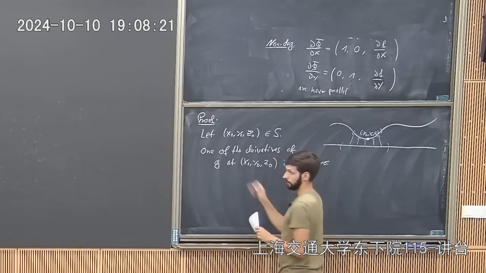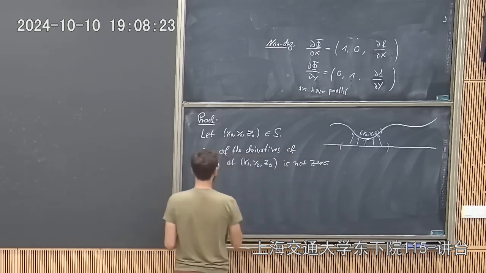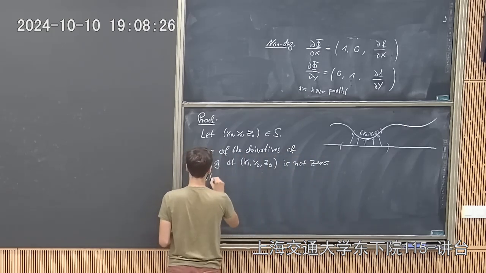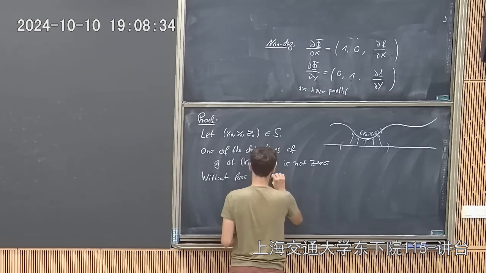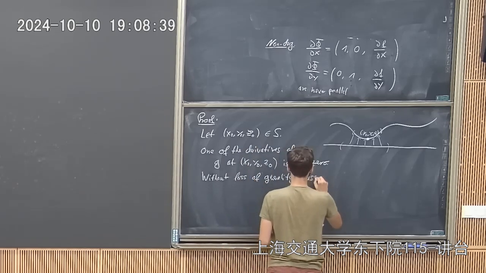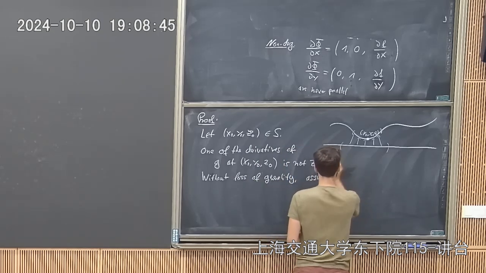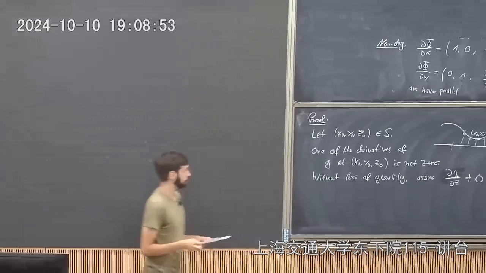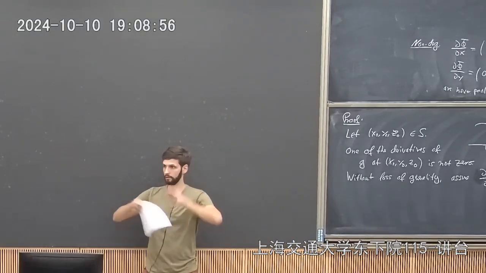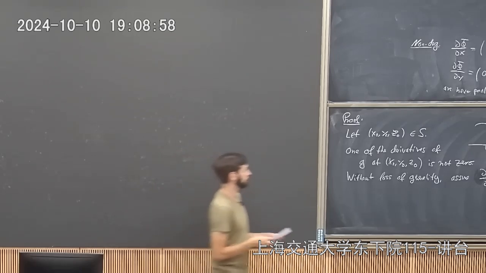That was the assumption, and without loss of generality, we can assume that it's the last coordinate. So we assume the last coordinate is not zero. Otherwise, we just do the argument with one of the other coordinates.